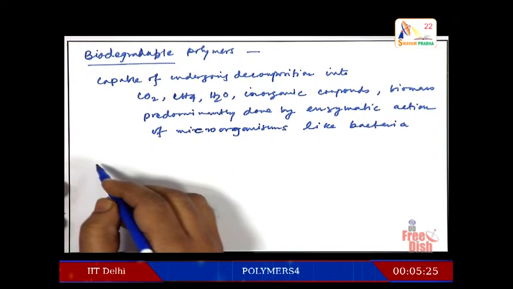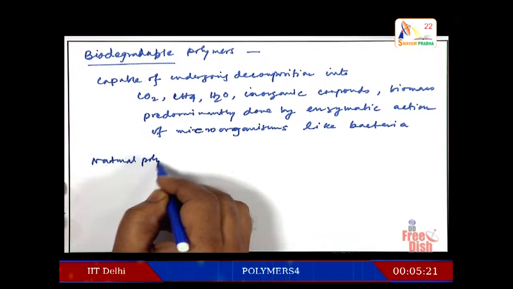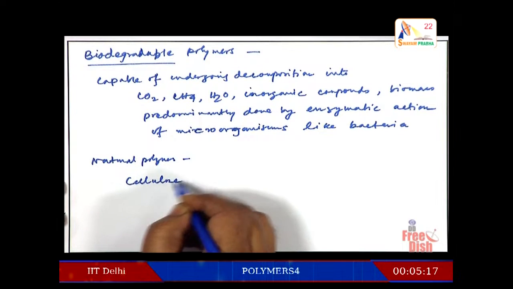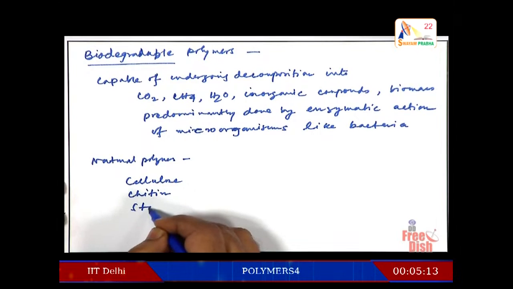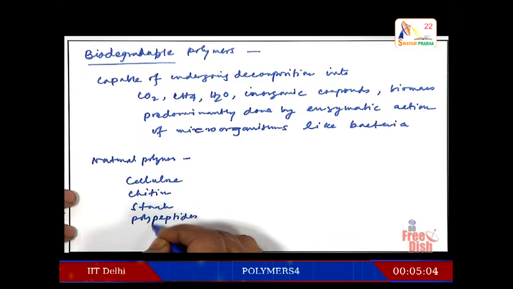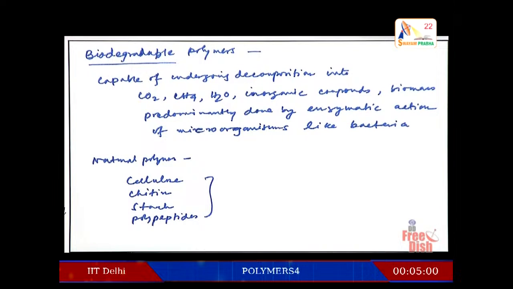And most natural polymers like cellulose, chitin, starch, proteins or polypeptides are all enzymatically biodegradable.